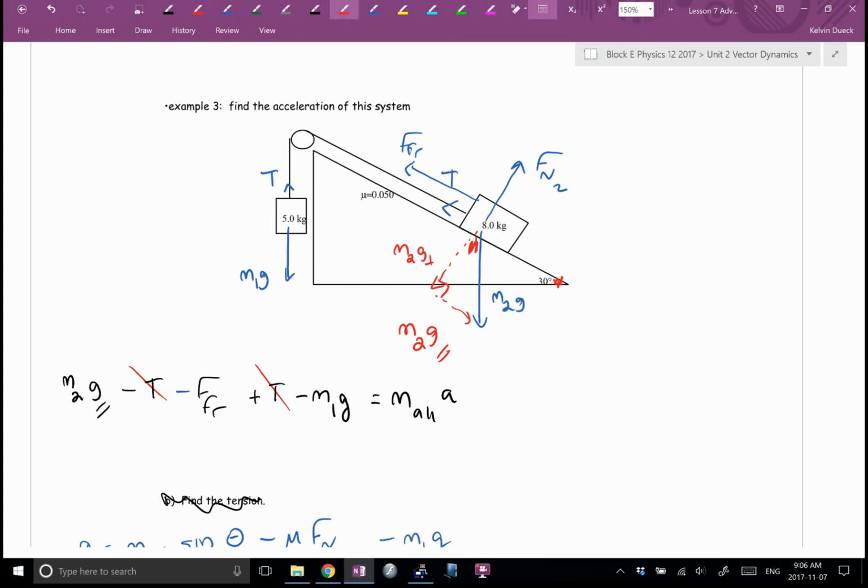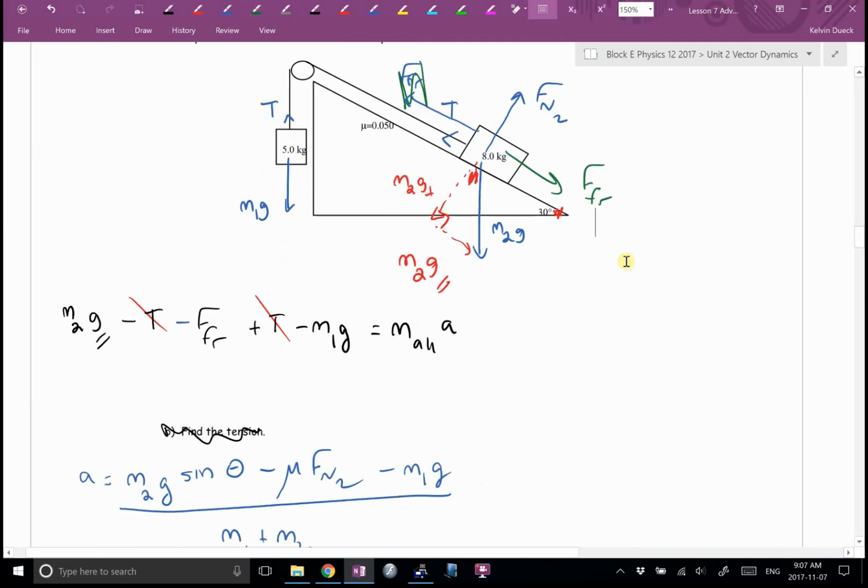Which way is friction pointing? So here are my corrections. I'll do them in, oh heck, green. Friction. Who's winning? Which force is winning? M1G. Look. Put a plus sign there. Put a plus sign there.